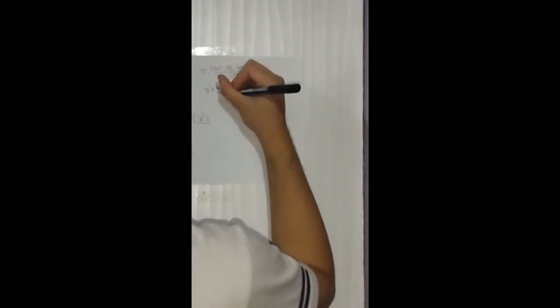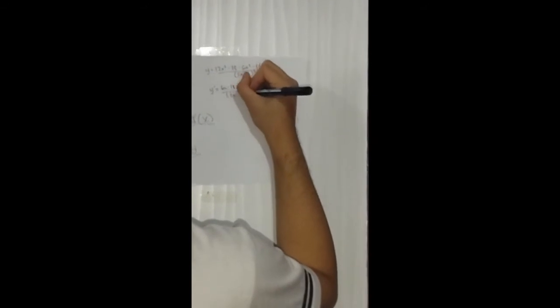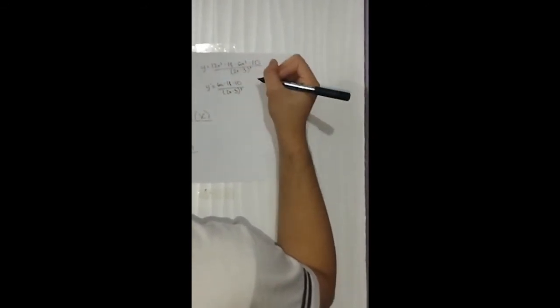Next, 2 times 3x squared, that is 6x squared. Then, times yung negative sa baba, so that is negative 6x squared. Then 2 times 5 is 10, times negative, so that is negative 10, then all over 2x minus 3 squared.